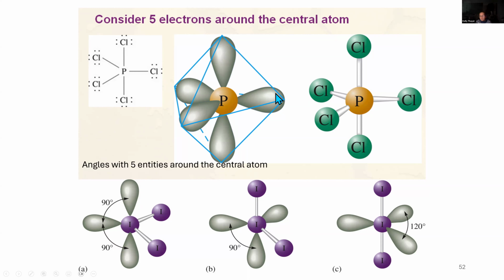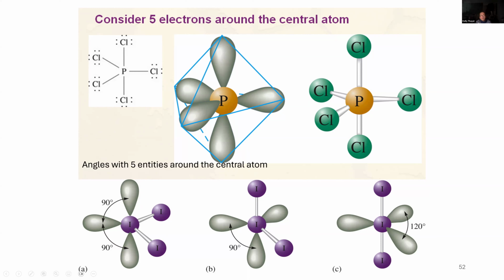You have a trigonal plane, a triangular planar structure in the middle, and then you have two pyramids, one on the top and one on the bottom. So that's the shape that this will make. Again, this is a similar kind of situation to what we had before, where we want to arrange the electrons.